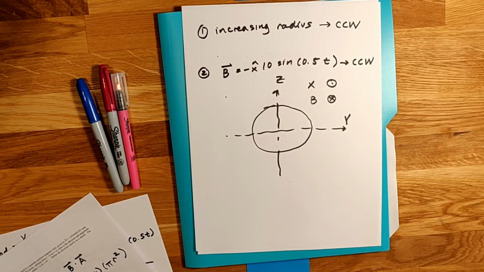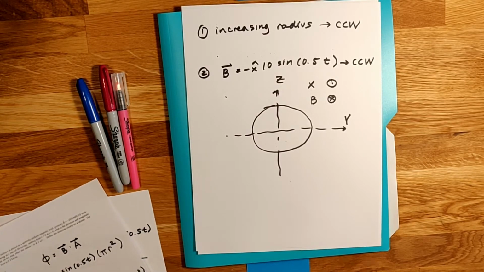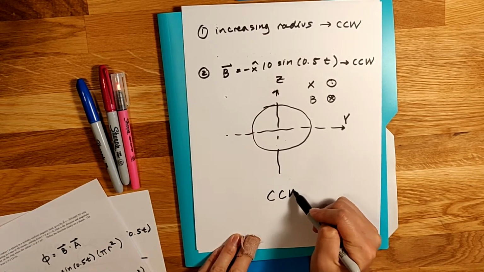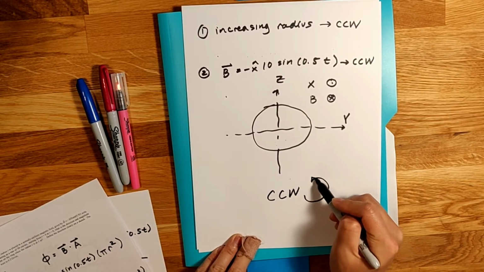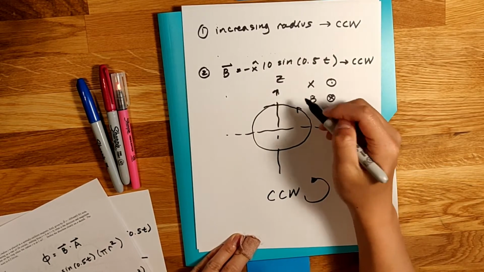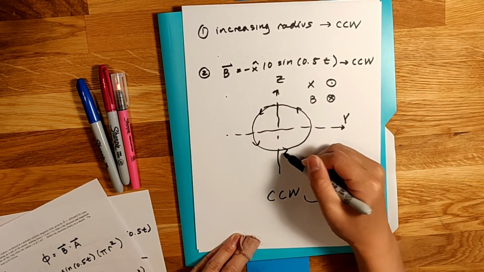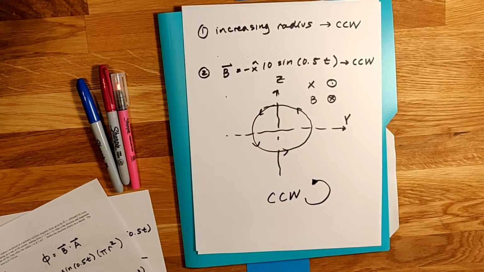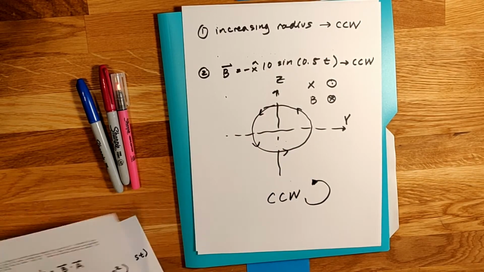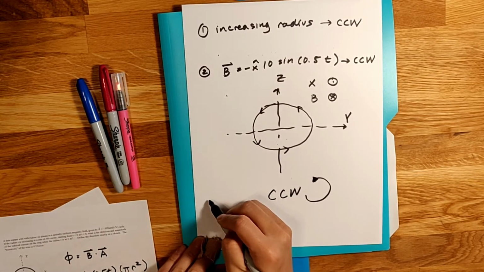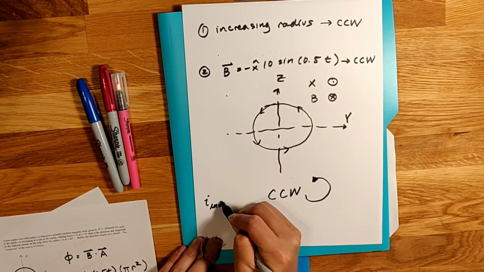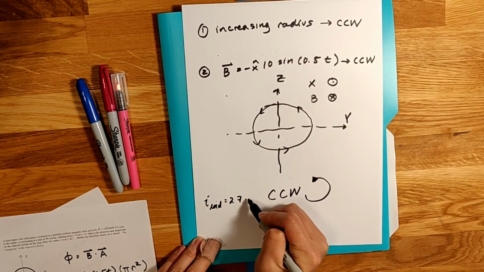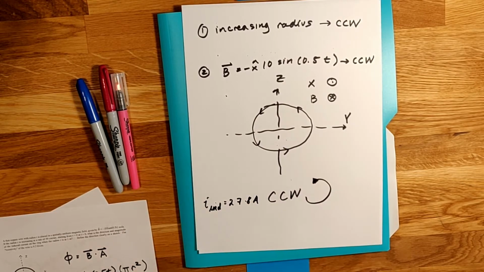Both of them will be counterclockwise, so we know that the induced current will simply be counterclockwise, going this direction. And again, we know that our induced current is simply equal to 27.8 amps.